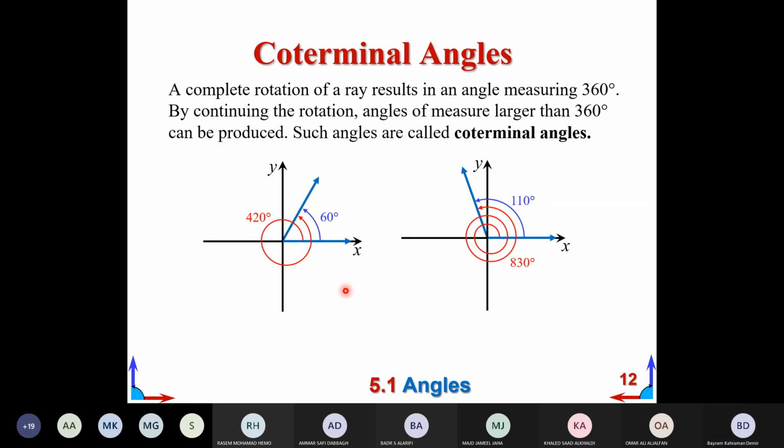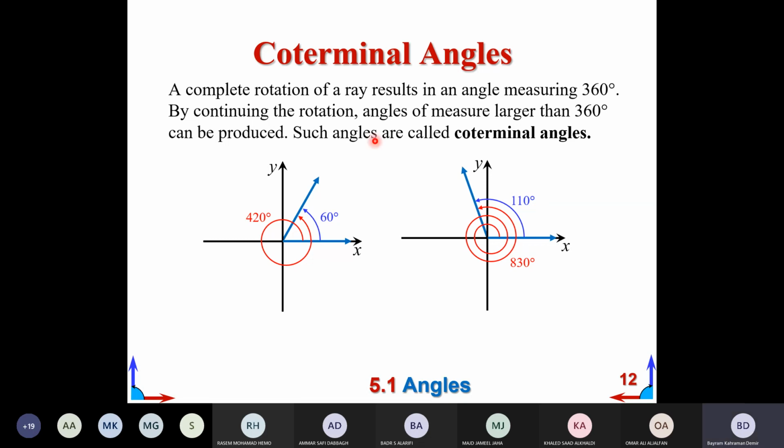All right. Now here is the famous topic, Shabab, coterminal angles. So if two angles or three angles, whatever, if they have the same terminal side, then we will call them coterminal angles.